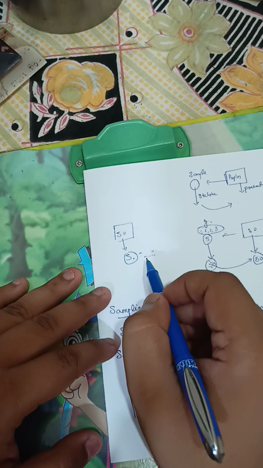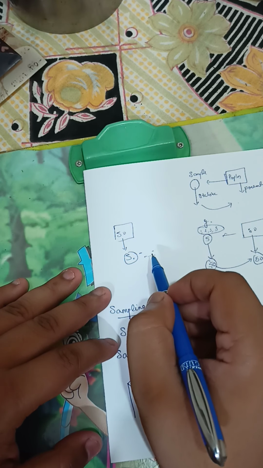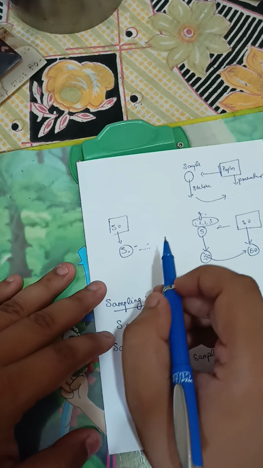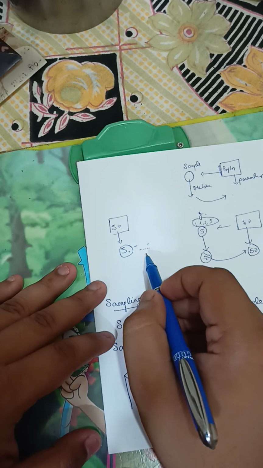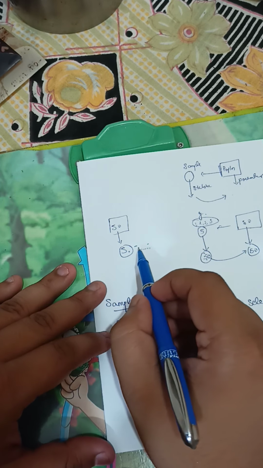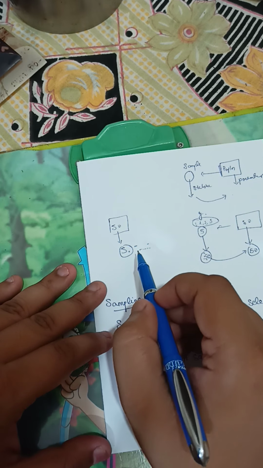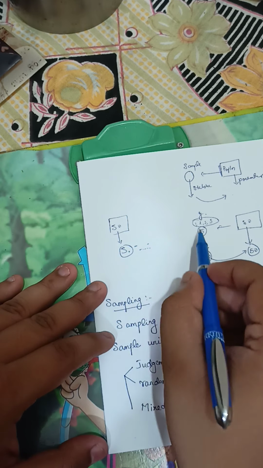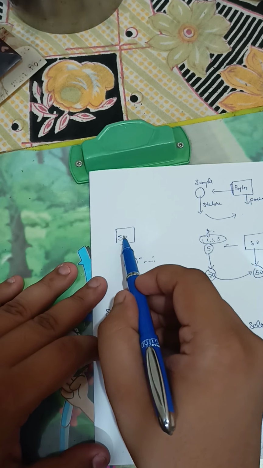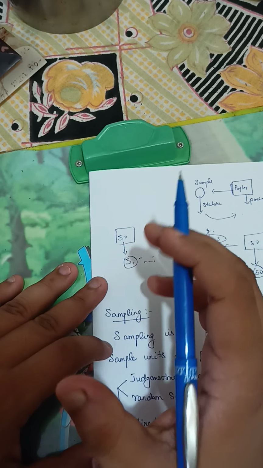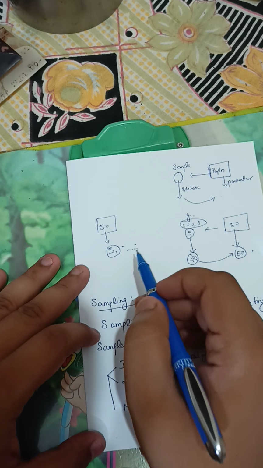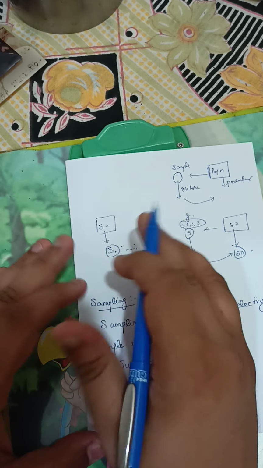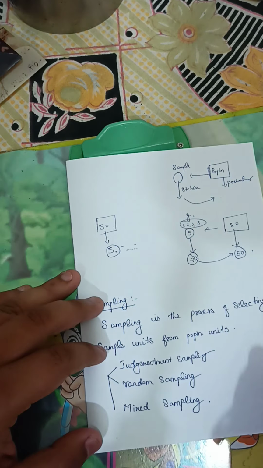In this method the inclusion and exclusion of these 5 students is of the investigator's interest. Based on his or her interest, you include or exclude samples. So out of 50 you can choose 5 samples based on your interest. This is the basic idea behind judgment sampling.